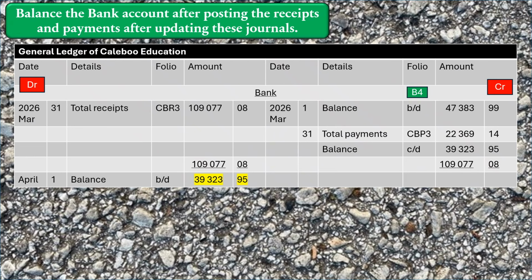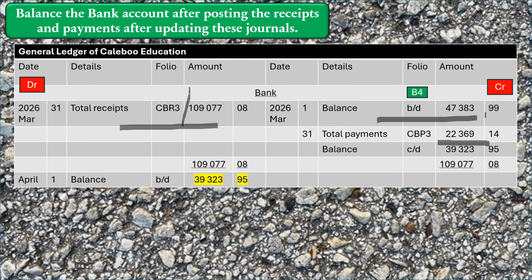And our bank accounts, we need to balance. Looks like this. Once we've posted the total receipts, we entered the balance right at the beginning of the exercise. We got that information from February's bank reconciliation statement. We now have the correct total for the payments.